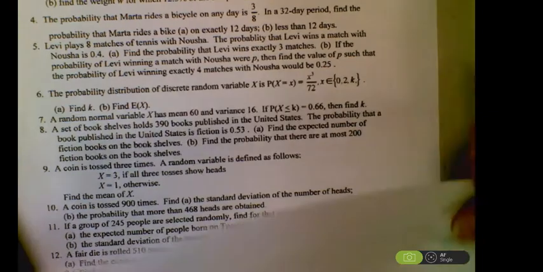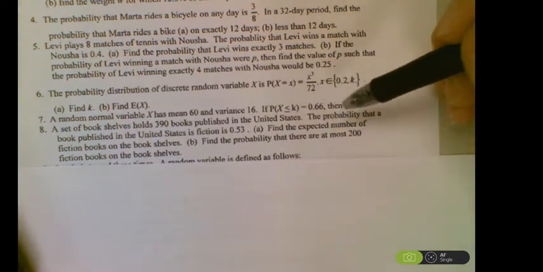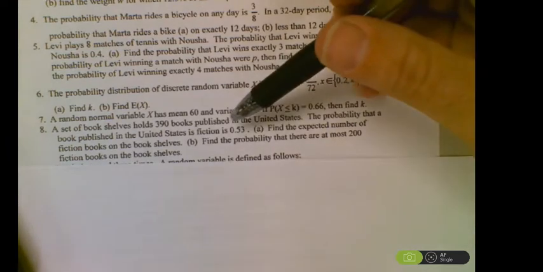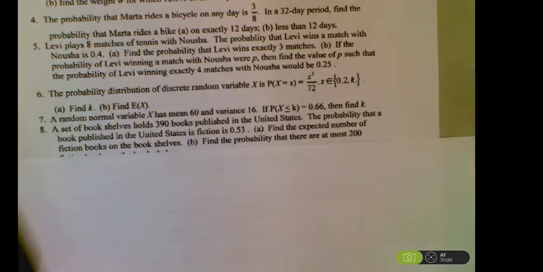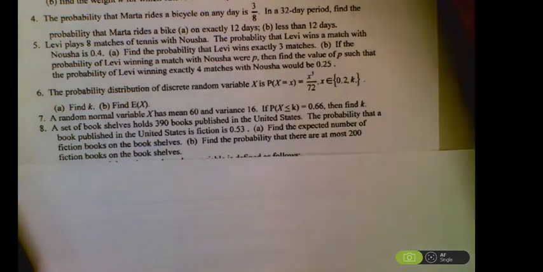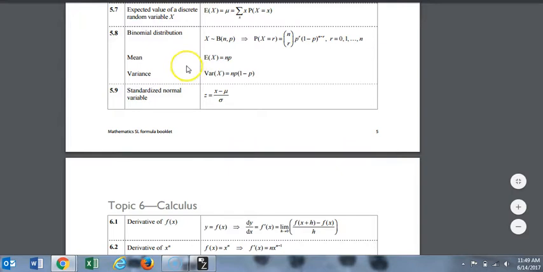A set of bookshelves holds 390 books. The probability that a book was published in the U.S. is 53%. Find the expected number of fiction books on the shelves. Remember, we have a formula for that. The expected value, or the mean frequency, is the number of trials times the probability of success.